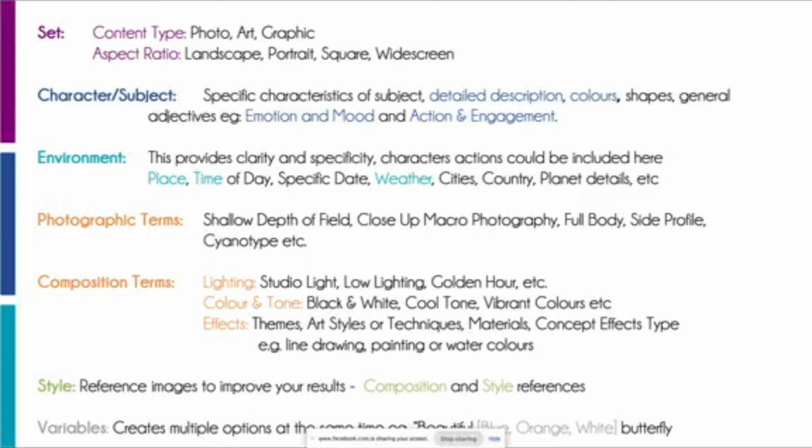Then in the environment, right, like I said, give clarity on the place, what time of day it is, is it a specific date, what is the weather like, what city is it in? Do I want it to be in Paris or in London, or do I want it to be in Cape Town or Johannesburg, right? What is the country?